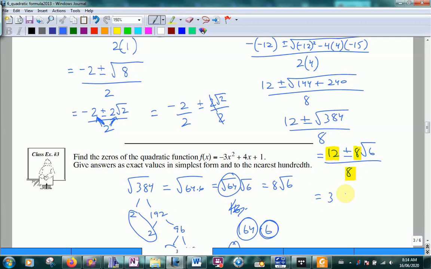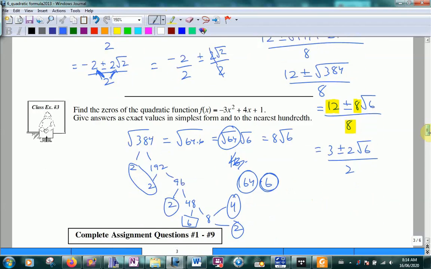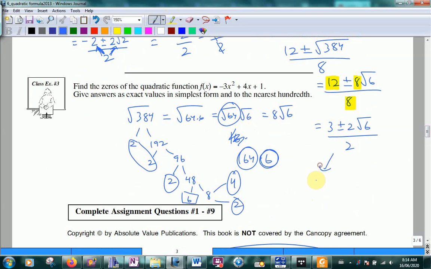Goes in there 3 times, goes in there twice, goes in there twice, okay? And that's as nice as it can get. So I've got 3 plus 2 root 6 over 2. That's one of the roots. And I've got 3 minus 2 root 6 over 2 as the other root. Those are my two roots.